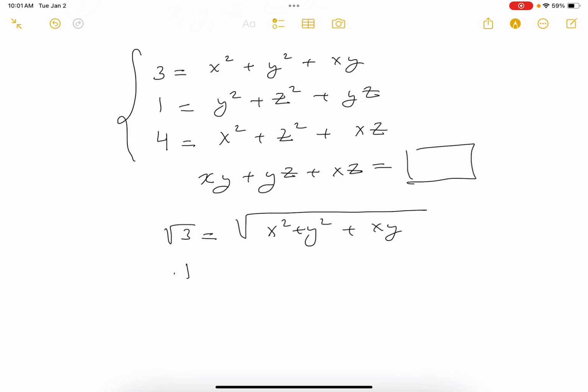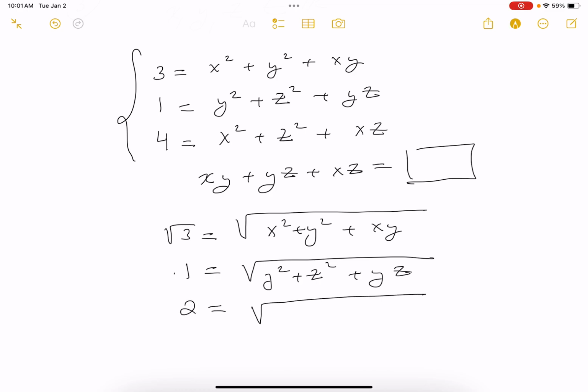And the root of 1 is 1, and that's going to be equal to the root of y squared plus z squared plus yz. And this is fine because these are positive real numbers, so all these things are going to be nice to do. When I say nice, I don't have to worry about complex numbers. The root of 4 is 2, and that's going to be this thing over here, x squared plus z squared plus xz.